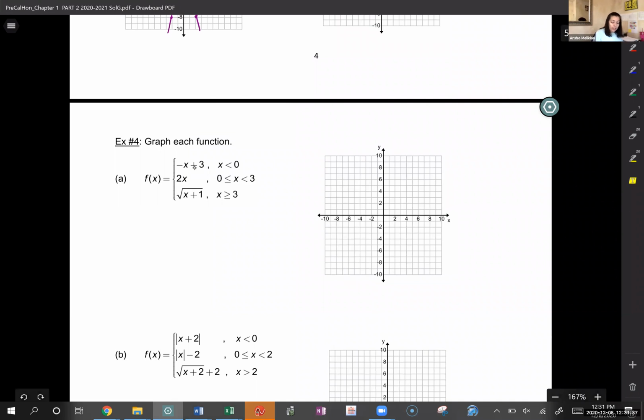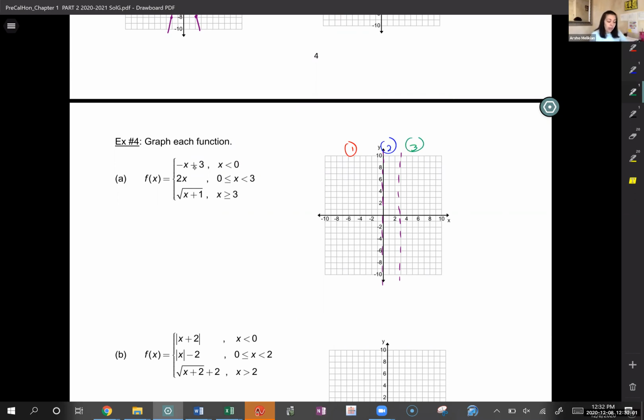Okay, piecewise function. I have a partition at 0 and I have a partition at 3, right? So, here's 0 and here's 3. What this does is it separates my graph into 3 different regions, my grid into 3 different regions.